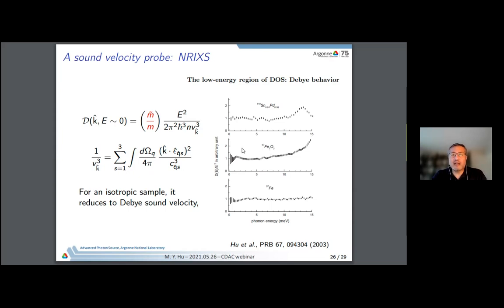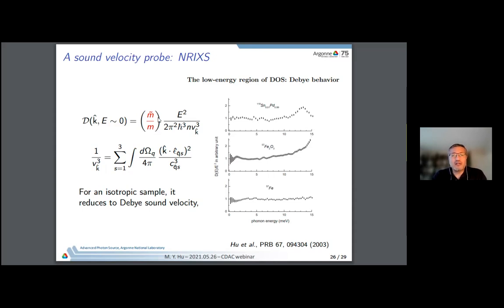So this plot shows the linear behavior. Oh, you see this is over E squared, so the Debye behavior. Actually, the whole point of this paper is this factor. This is important. This tilde is the nuclear mass, for example the mass of iron 57, and the little m is the mean mass of your molecule or your unit cell.